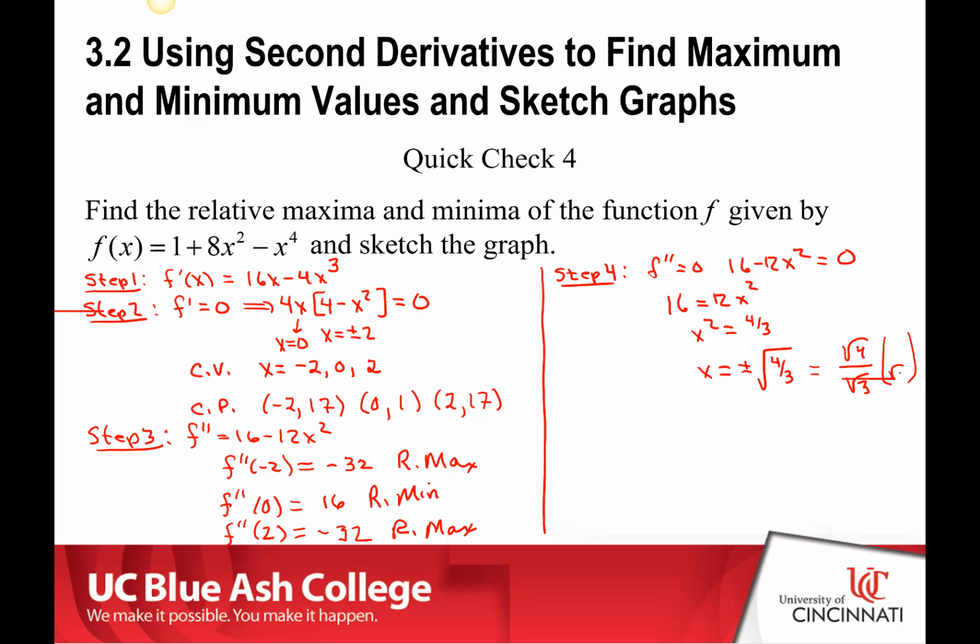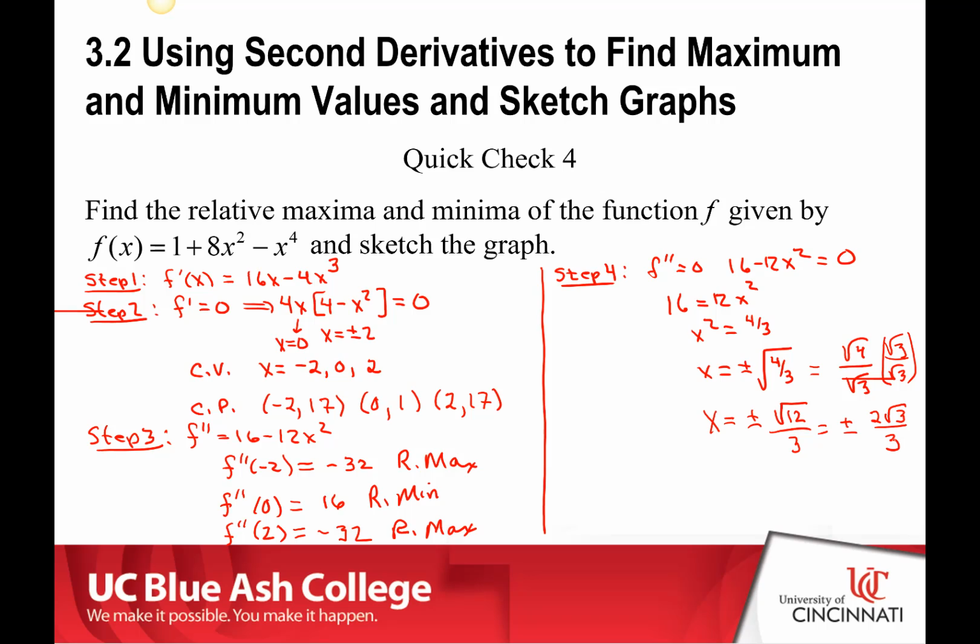So we're going to do a square root of 3, a square root of 3. So this is going to give us x is equal to plus or minus the square root of 12 over 3, which eventually settles in to be 2 square root of 3 over 3.